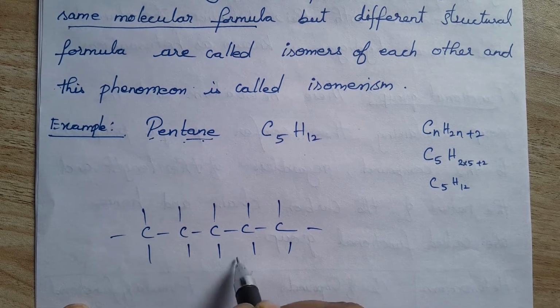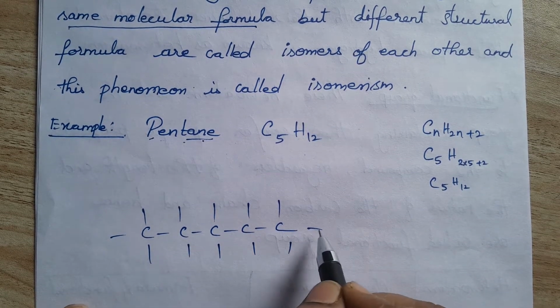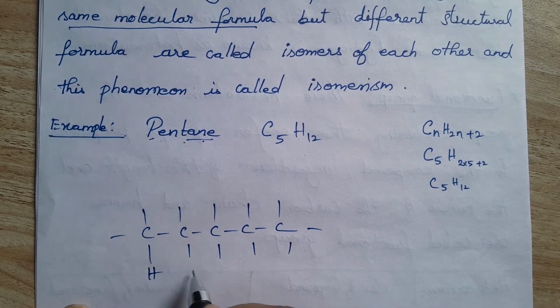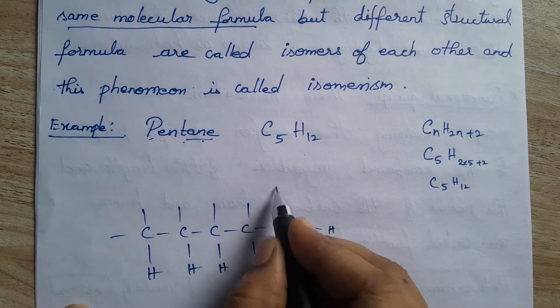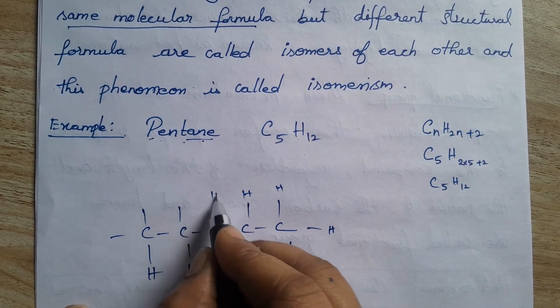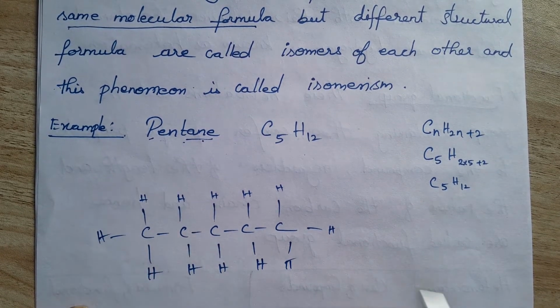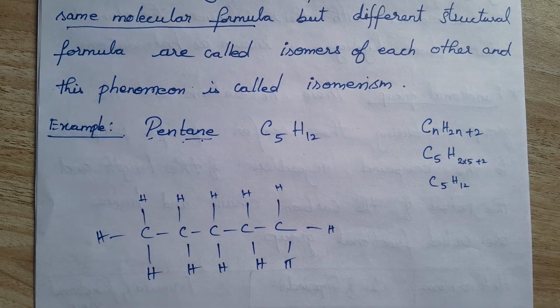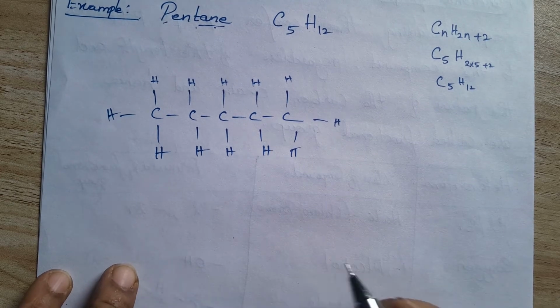Now 1 2 3 4 5 carbons, again 5 times 2 is 10 plus 2, so 12 hydrogens are there. Okay, this is pentane. So next one we can do in a branched manner.